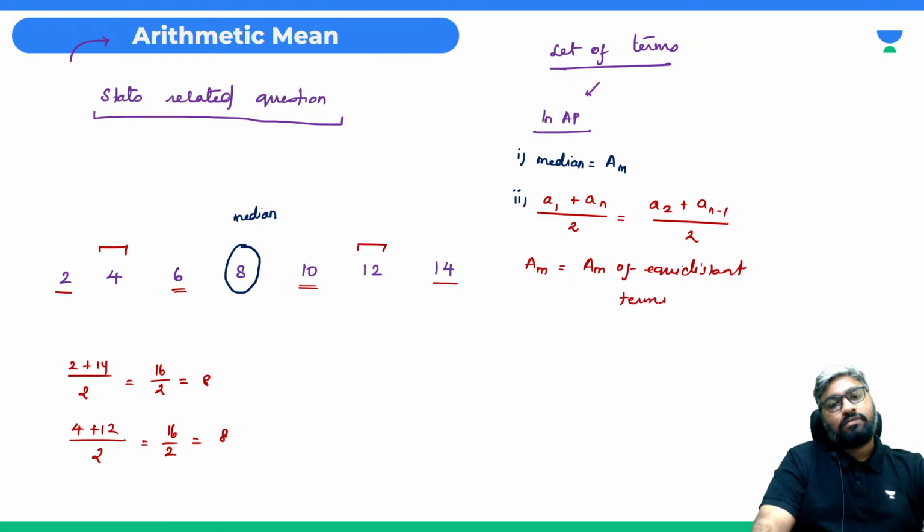Understood? So this could help you with terms that are in AP.